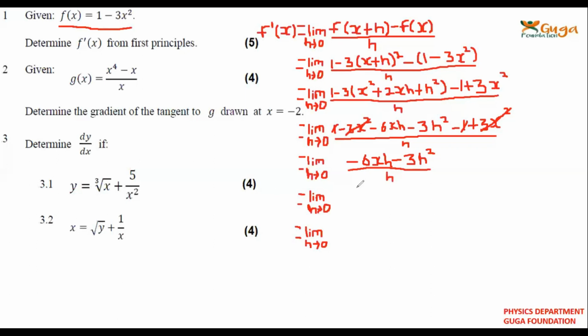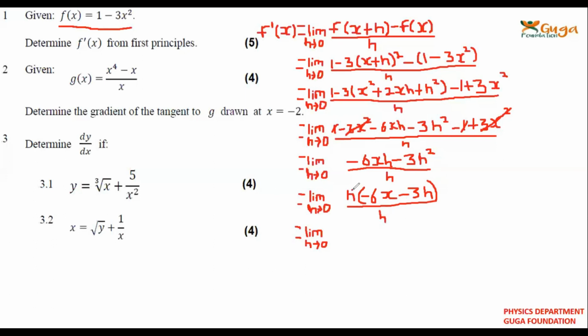So now we've got a common factor of h, so we can take out the common factor of h. So we're left with minus 6x minus 3h, all over h.